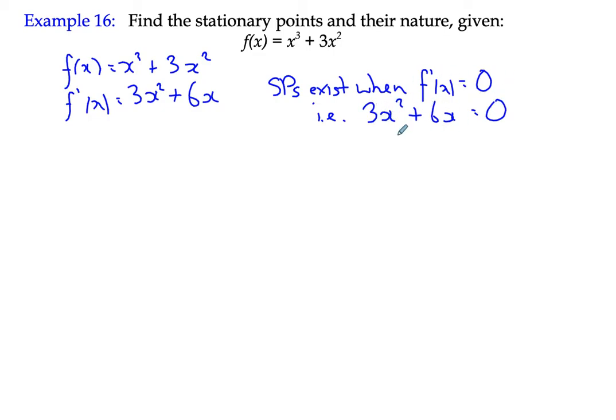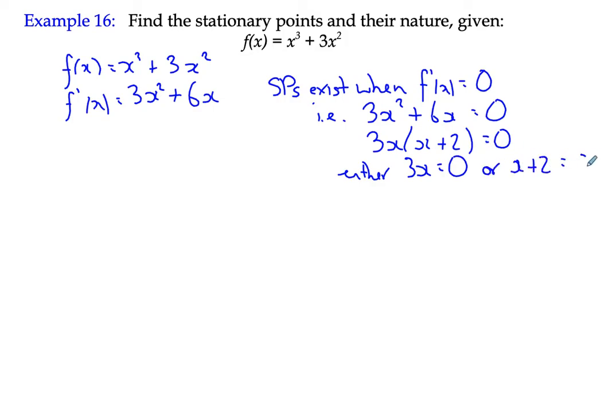We seem to be able to factorise that. We've got a common factor of 3x, which leaves us x plus 2 is equal to 0. So either the first factor equals 0 or the second factor is equal to 0, and from that we can solve for x equals 0 or x equals negative 2.